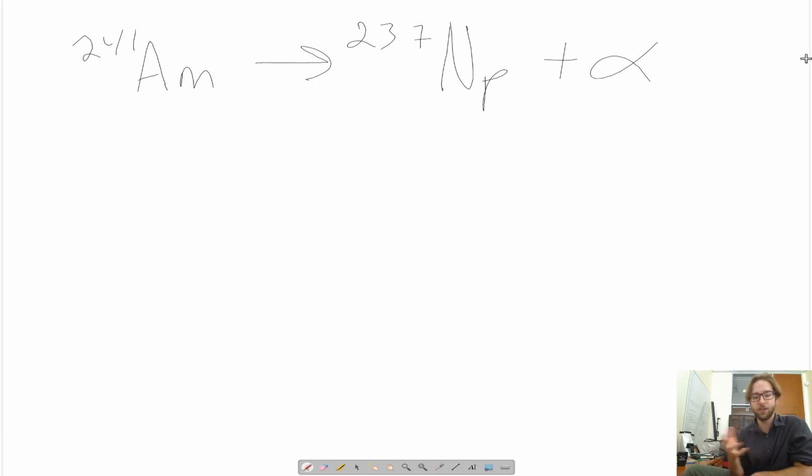So because you've got this +2 charge and it's a very heavy particle, you can imagine when everything's working properly, you've got a source here and a detector. Let me label these.